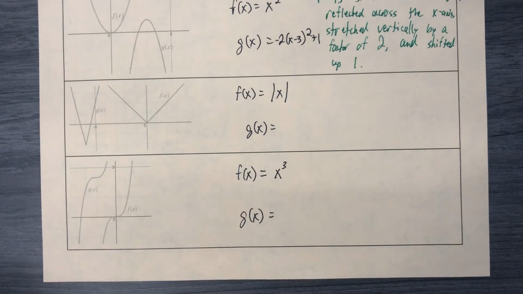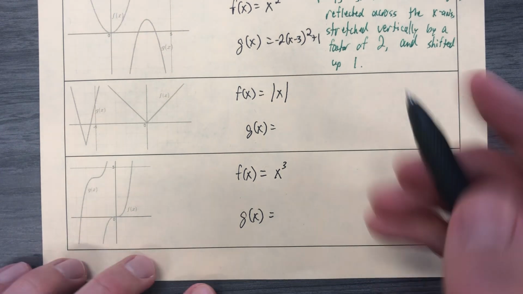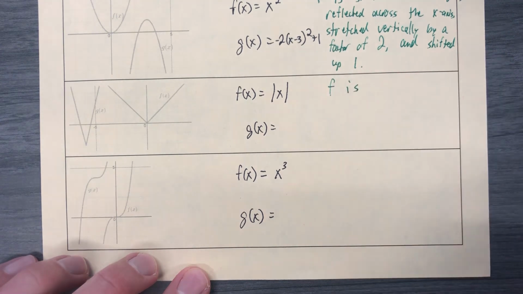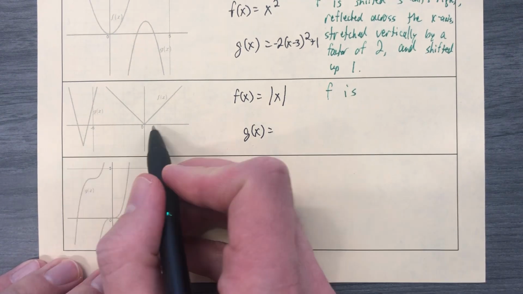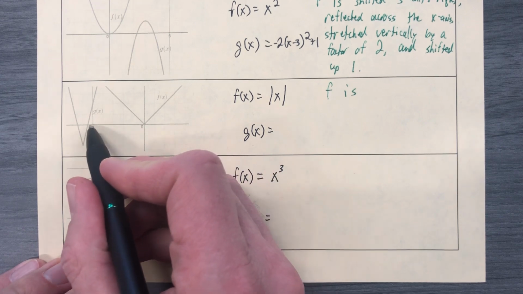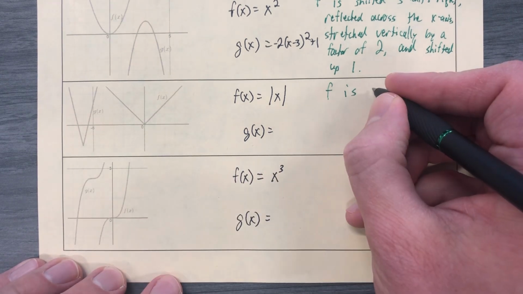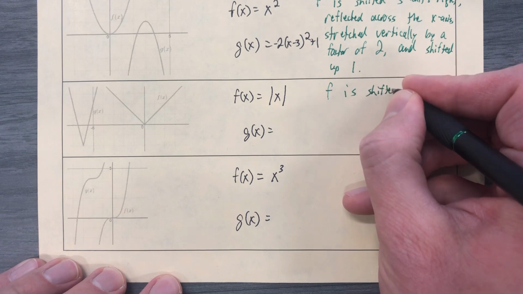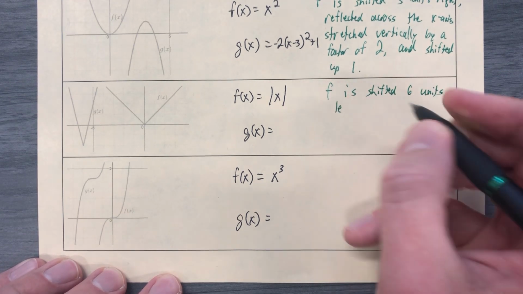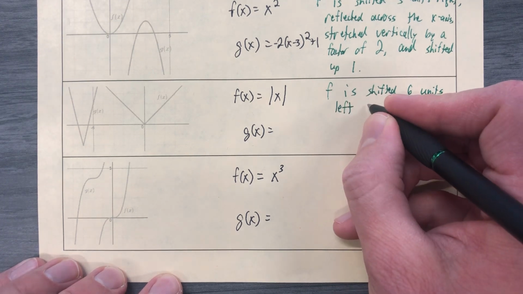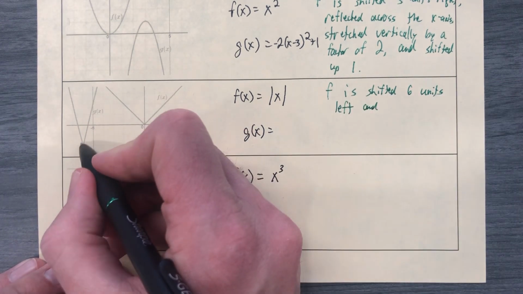All right, we're going to do this one without the computer, and maybe the next one too. So here we go. F is clearly shifted from here to here. So let's go from vertex to vertex. 1, 2, 3, 4, 5, 6 left is shifted. 6 units left, and 2 units down.